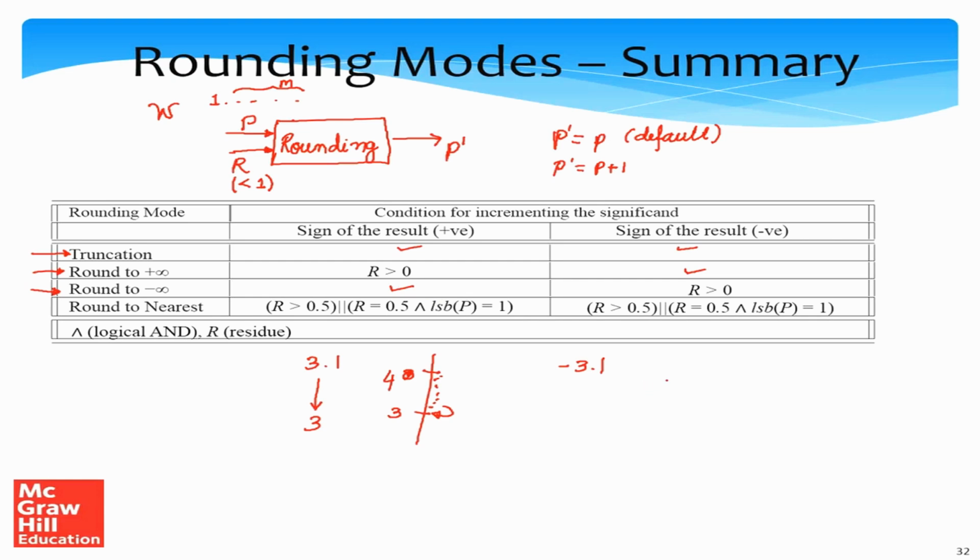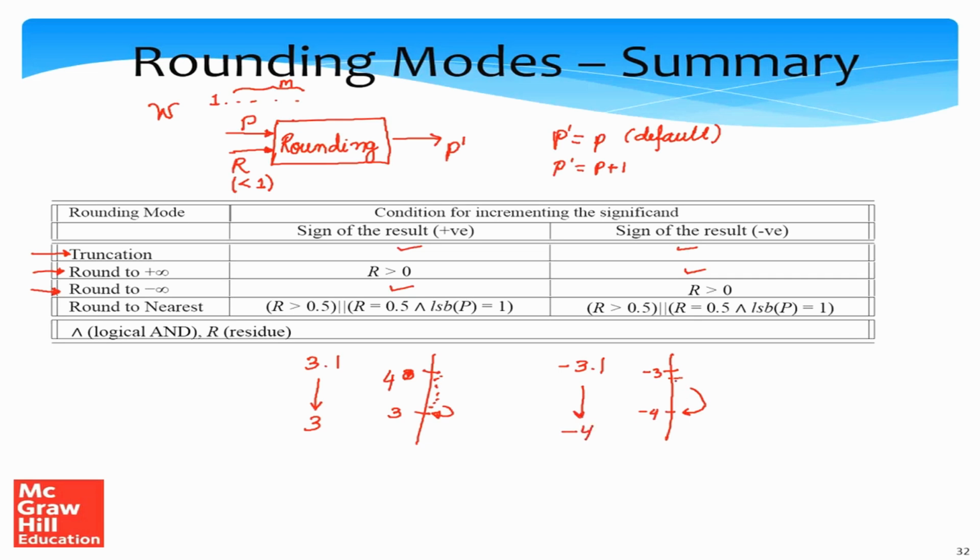However, if the number is negative, then so let me draw a number line. Let me write minus 3 here and minus 4 here. So minus 3.1 would stand somewhere here. So for all such numbers, what we need to do is that they need to be rounded to the lower integer, which is minus 4, right?